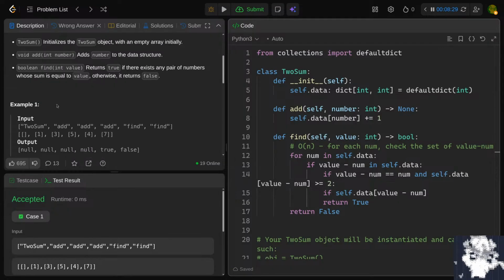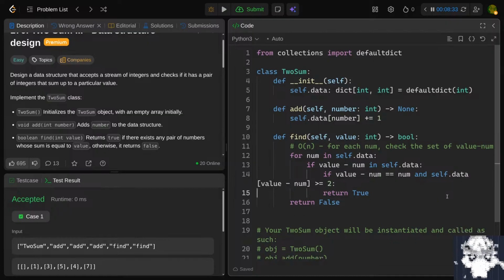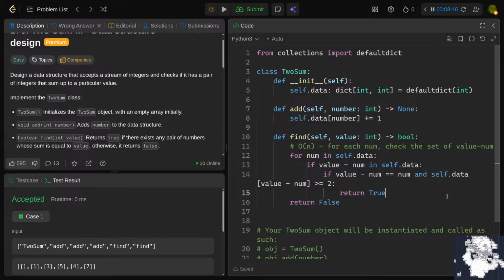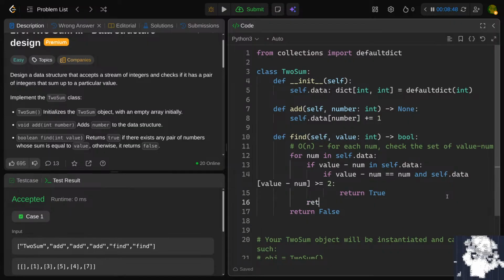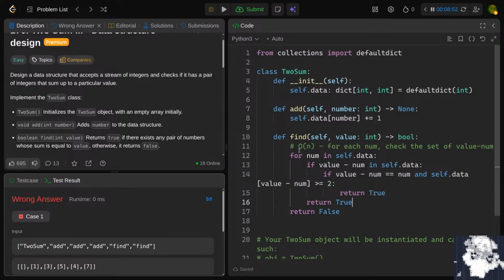Probably not, right? So something like this.